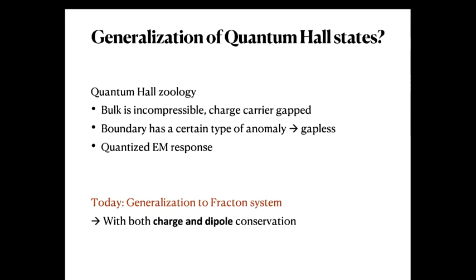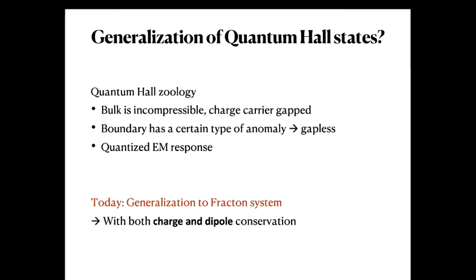However, the boundary degrees of freedom turn out to be gapless, and it is more than gapless. The boundary carries a certain type of anomaly with respect to the symmetry. For most quantum Hall states, the charge U(1) degrees of freedom in the bulk are fully gapped, but at the boundary we have a U(1) current anomaly. They also have quantized electromagnetic response that is pretty immune to strong interactions and disorder.